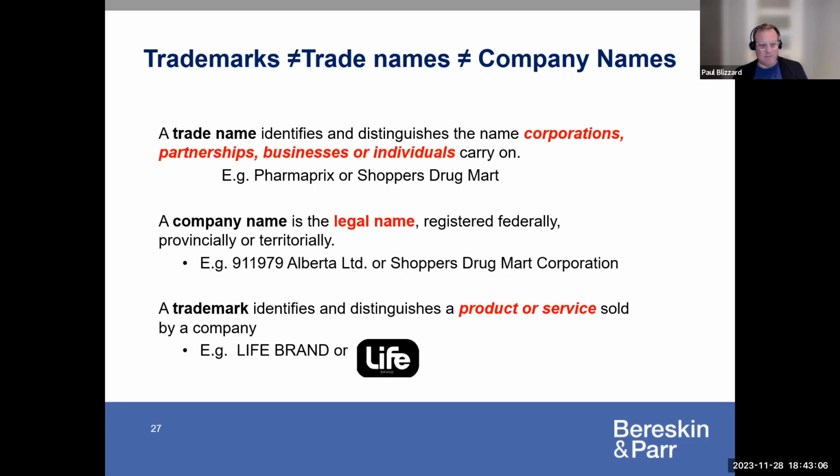Those are the legal names registered with particular federal or provincial agencies. Trademarks identify products or services that are sold by a company. In the Shoppers Drug Mart example, you have Life Brand, which is their house brand, or the logo for Life Brand, which is an actual trademark.